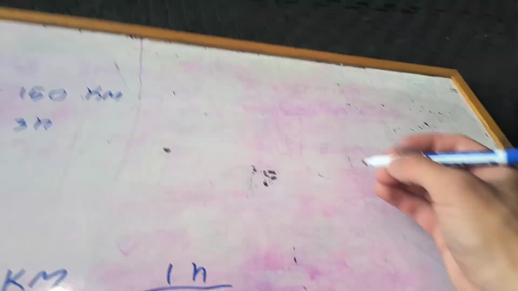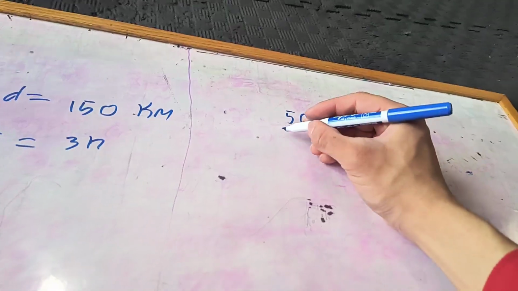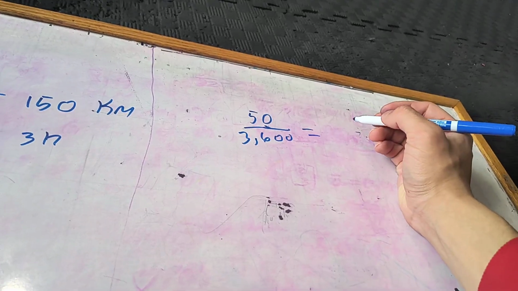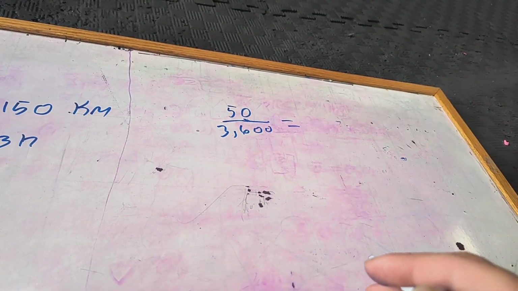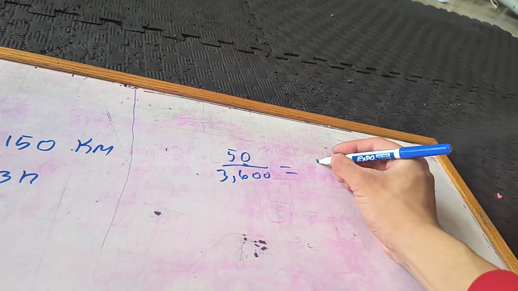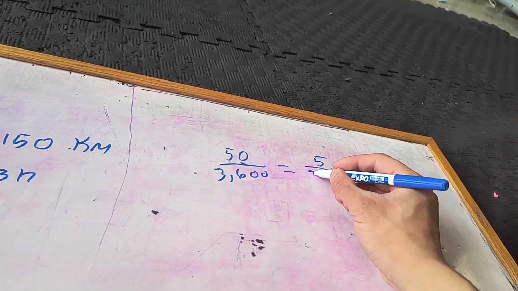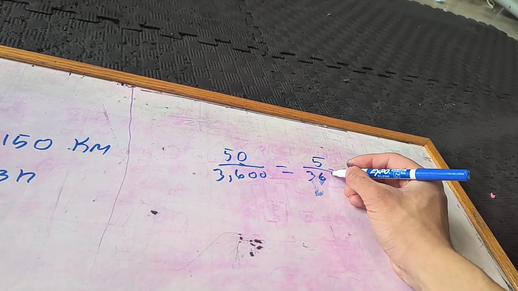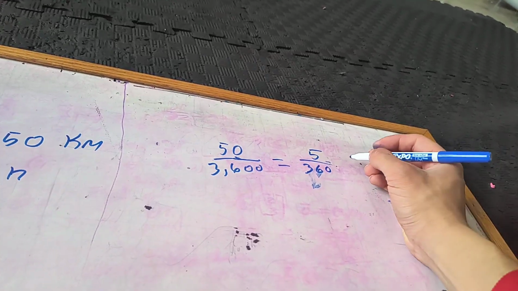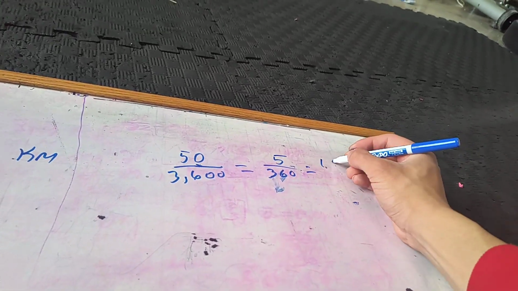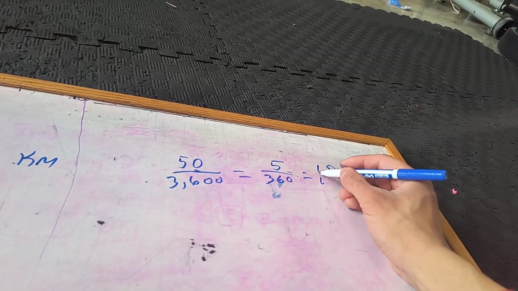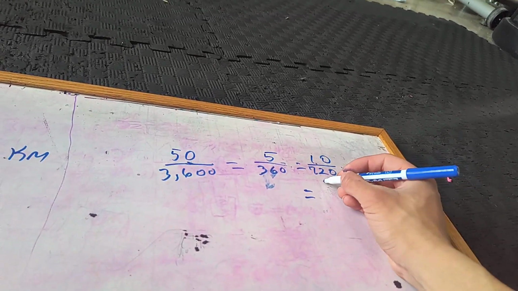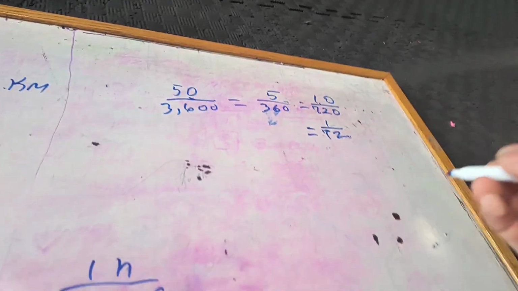But let's make sense of what this is. So 50 over 3,600 is equal to, I divide both sides by 10, and we get 5 over 360, then multiply both sides by 2, and I get 10 over 720, which is the same thing as saying 1 over 72.